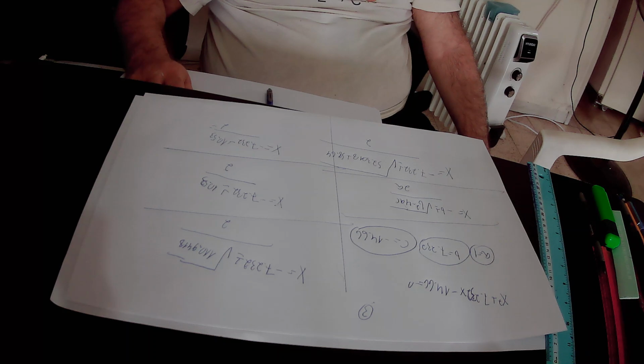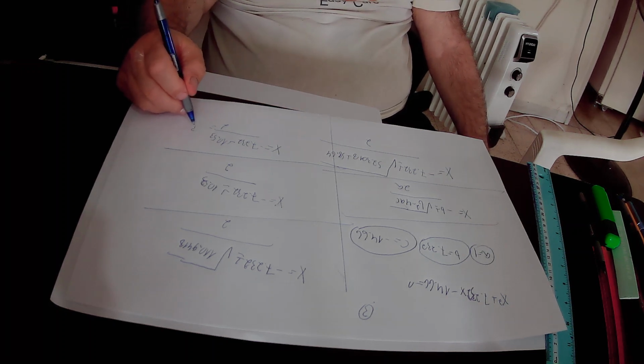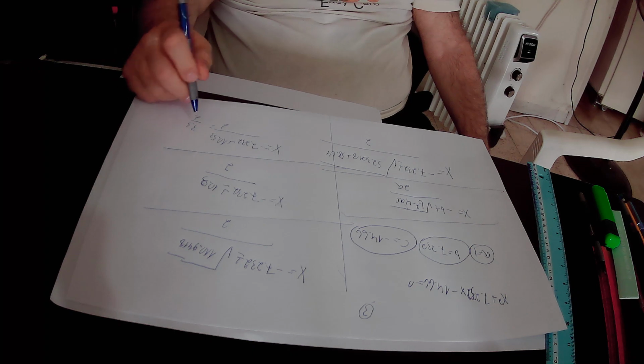So it is equal to 10.53 minus 7.232, which is 3.3, divided by 2.